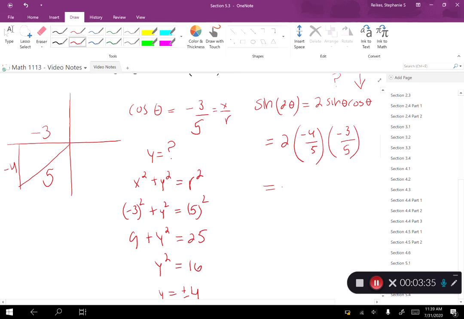Alright, multiplying, anything cancel out? No. So multiplying straight across, a negative times a negative means my answer is going to be positive. Let's see, on top, 4 times 3, 12 times 2, so that's 24 over 25 as my final answer.